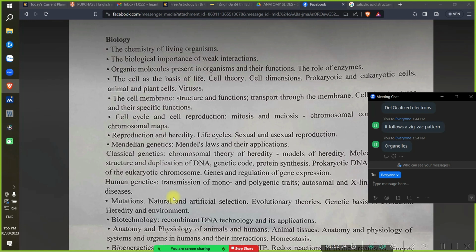But this part is about the biological importance of weak interactions. So you need to talk about weak interactions such as dipole interaction, hydrogen bonds, formation of hydrogen bonds, and Van der Waals.